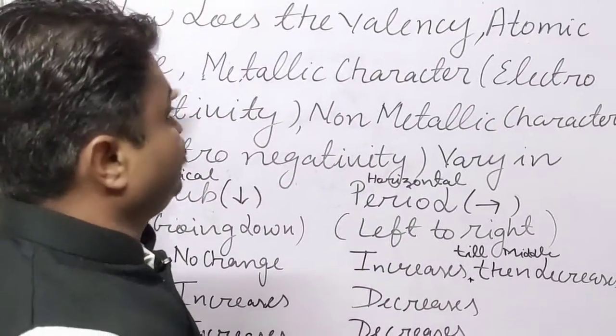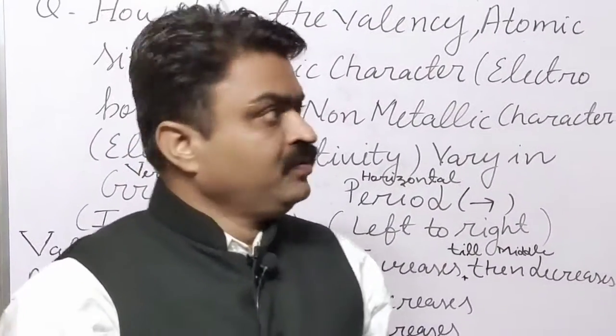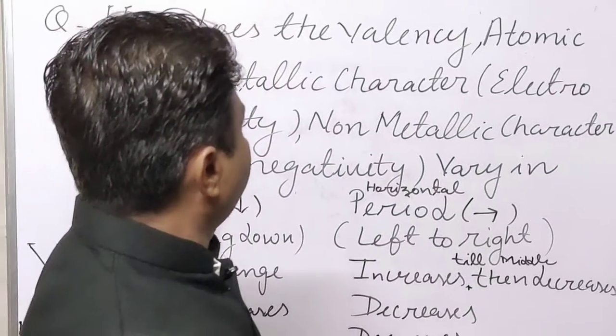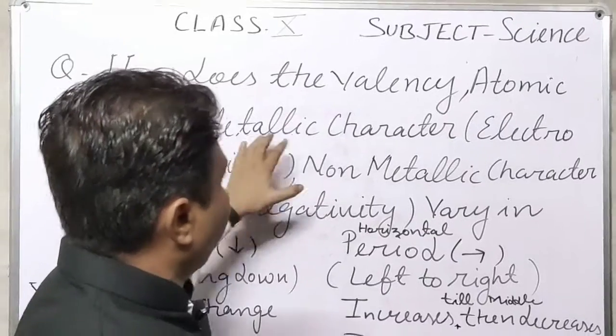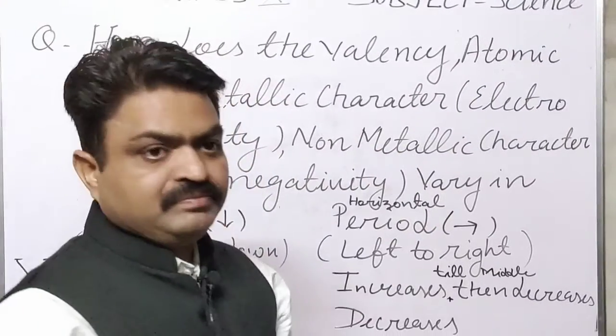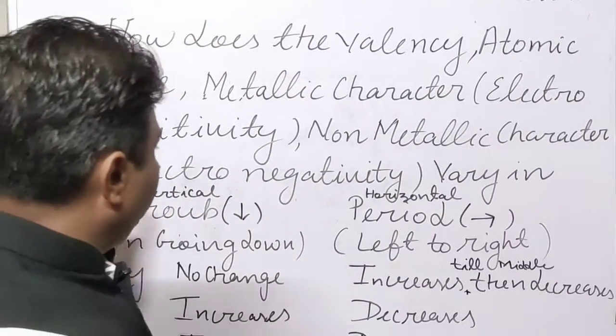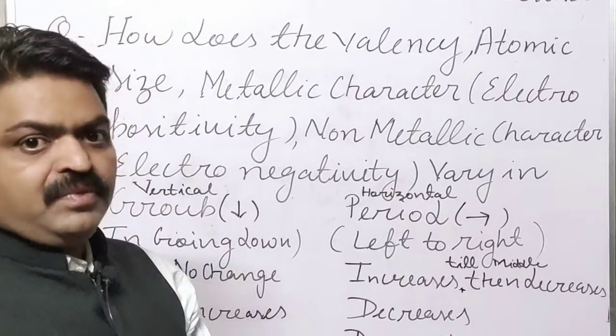Students, now we will discuss the trends in the modern periodic table. These are some properties that the elements have, like valency, atomic size, metallic character and non-metallic character. Now, what is the tendency of these properties in the modern periodic table?